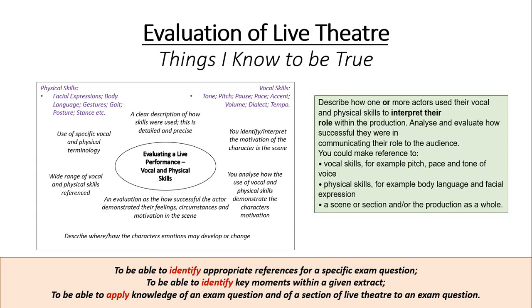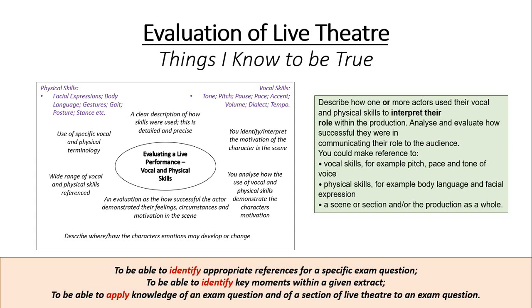That is one of the references that I would like you to make sure that you are including in your exam answer. But if you look really carefully, as I say, you need to be able to describe those theatrical skills in real detail. You need to be using specific vocal terminology. You need to be referencing a wide range of vocal and physical skills.